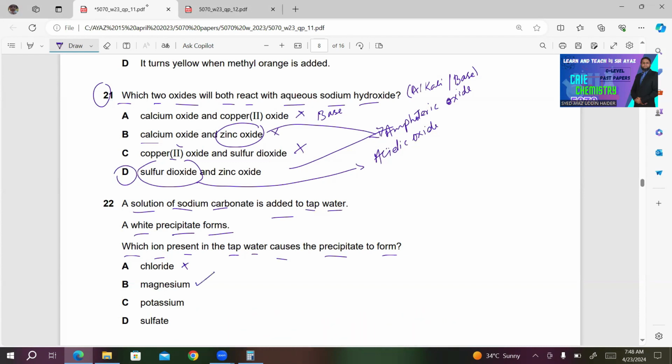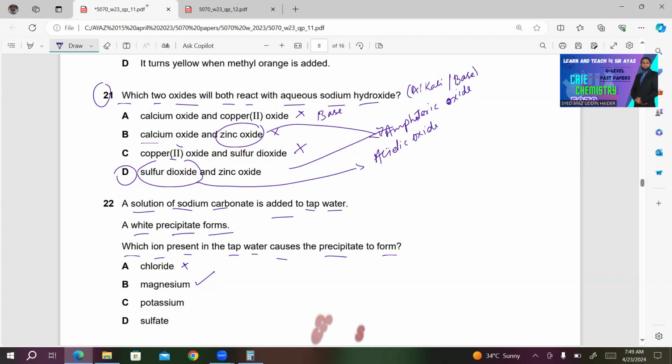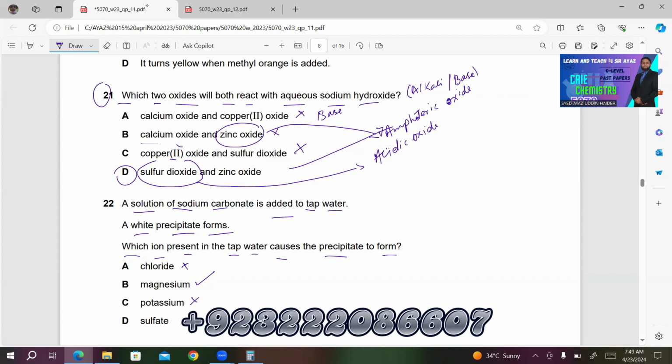This looks correct to me because magnesium is a metal. So it will react to produce white precipitates. What about C? C, potassium. It's not possible. Potassium is highly reactive, so you can't have potassium ion present in the tap water.